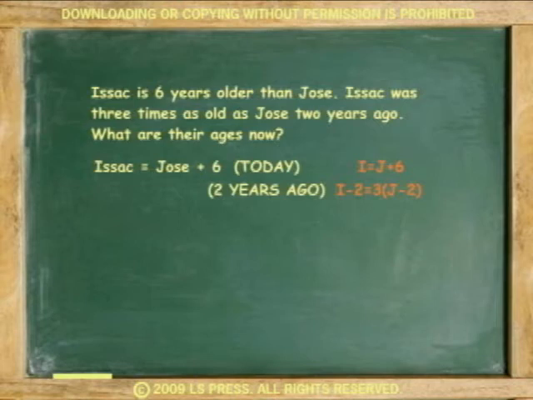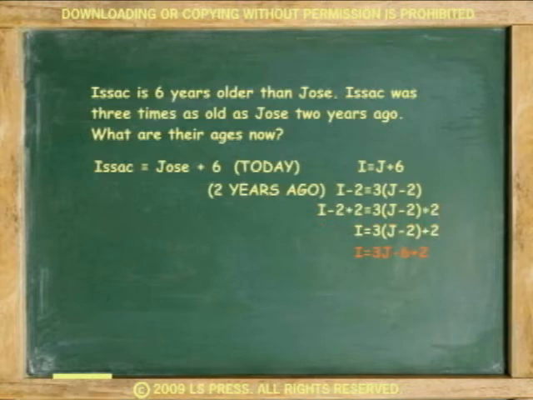I have decided to solve the second equation for Isaac. Add 2 to both sides. Eliminate parentheses by distribution. Combine negative 6 and 2. And then eliminate I by placing the equations against each other and solve for J, Jose. 3j minus 4 equals j plus 6.